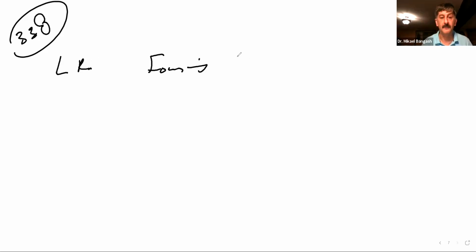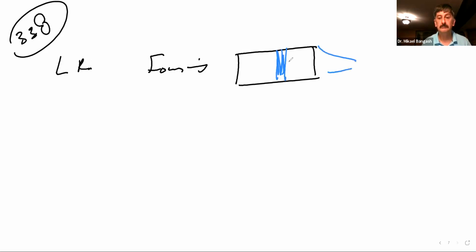And what was one of the means by which we could bring the beam into a focus? That's by a lens. You can say that improves your lateral resolution.